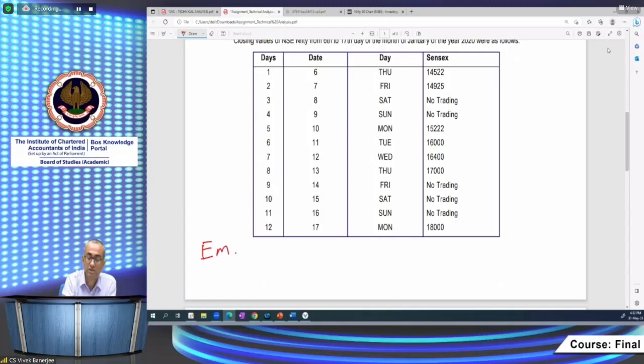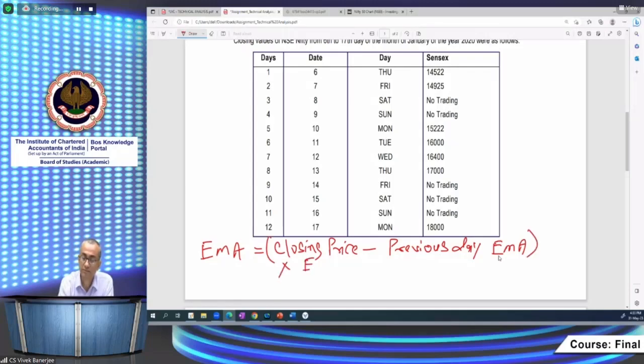EMA, that is exponential moving average, is equal to closing price minus previous day EMA, multiplied by the exponent, and to whatever figure is arrived at we add the previous day EMA.